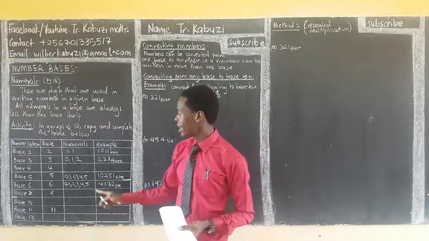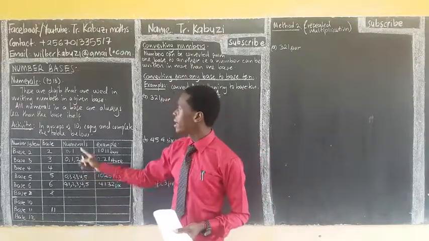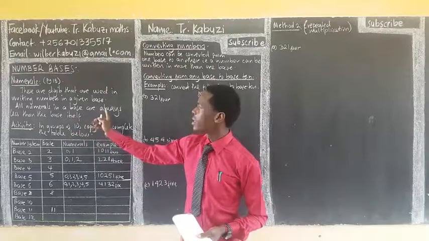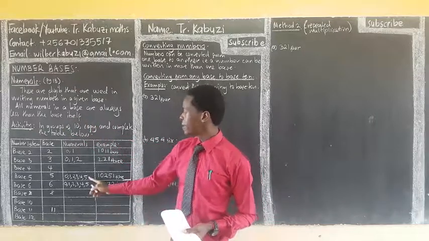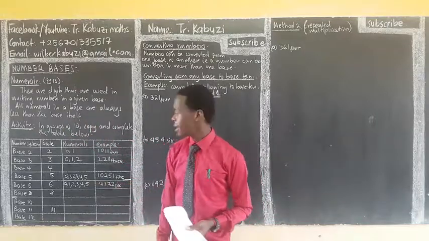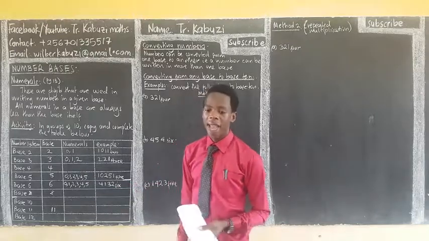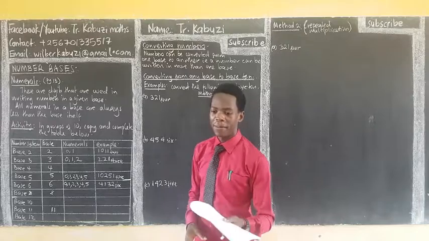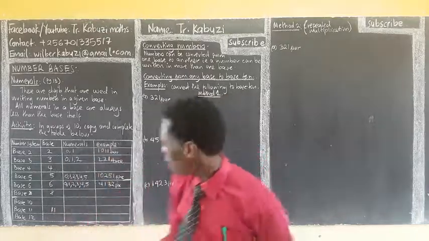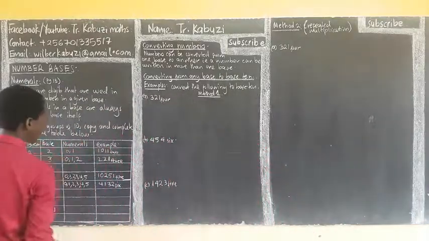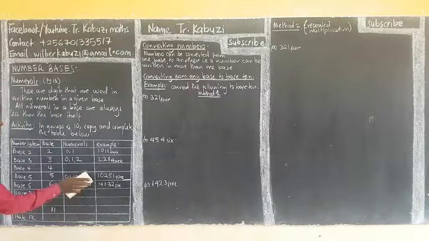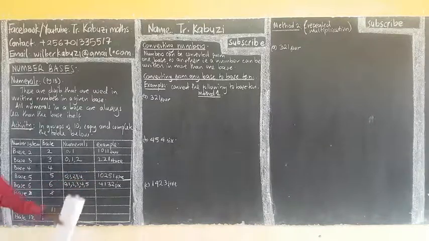Someone is saying this 5, we said all digits are always less than the base. So this 5 is not less than the base. So someone is claiming that this 5 is not supposed to be there and is very right. Can you give him a hand clap? So this 5 is not supposed to be here because we said all digits will be less than that base. Okay, what about the example?